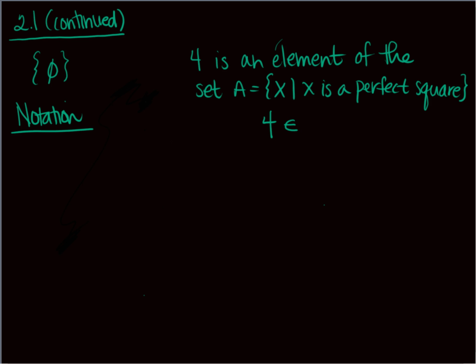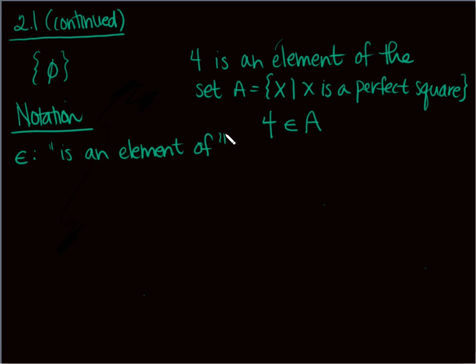So we use this kind of weird E-looking thing to say that 4 is an element of something. If I wanted to say 4 is an element of A, I don't want to write all that out, so we use this little symbol. It's just notation, and we use it all the time in math. You may have seen a math teacher use it. This means is an element of.